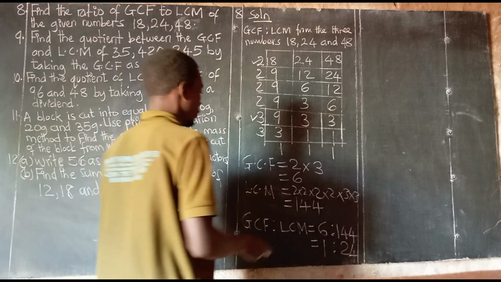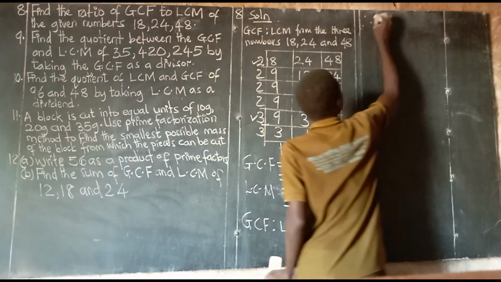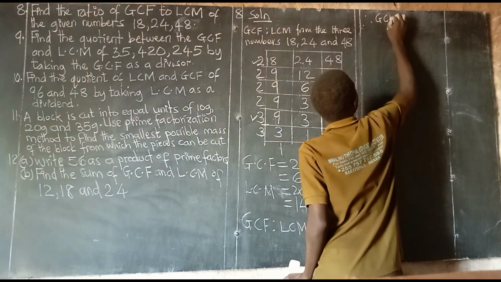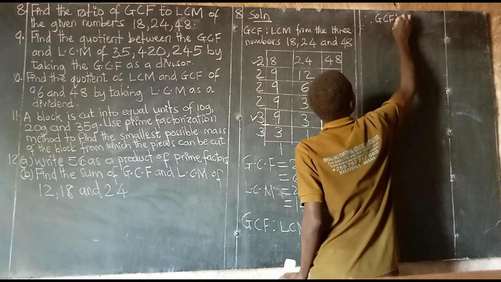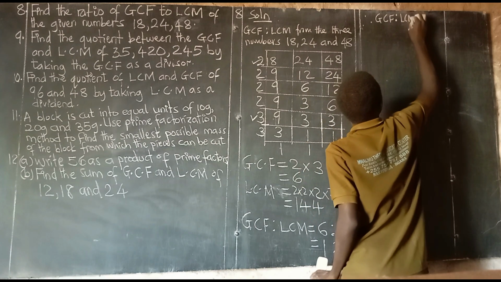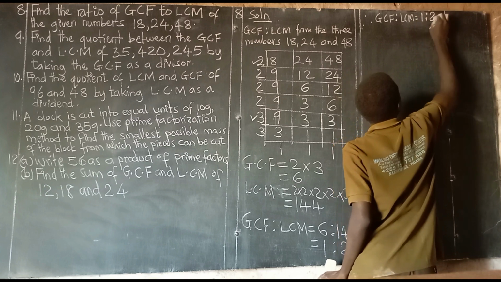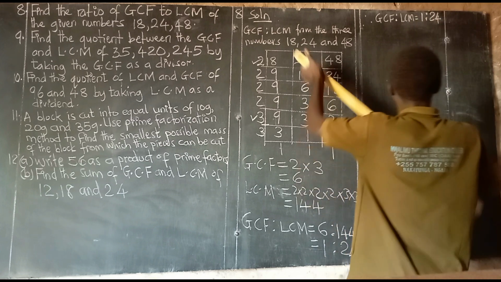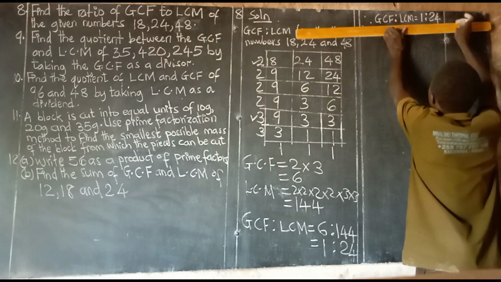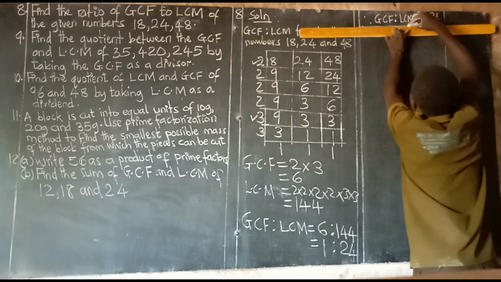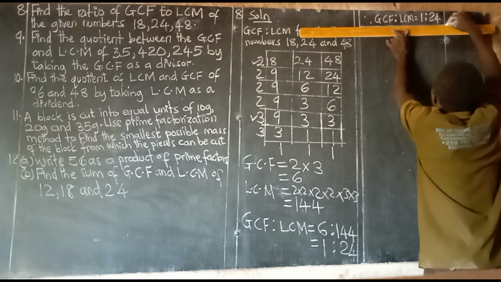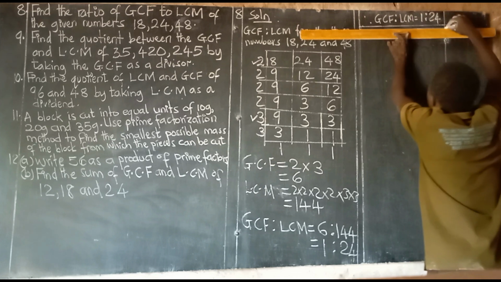So the GCF to LCM ratio is equal to 1:24. This will be the answer for question number 8.